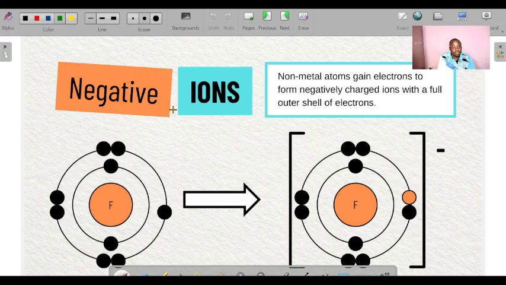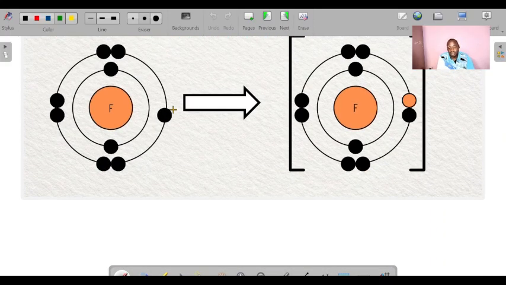Negative ions are formed by nonmetals through gaining of electrons, where they become negatively charged. As you can see in fluorine, before gaining an electron, the configuration is 2.7.